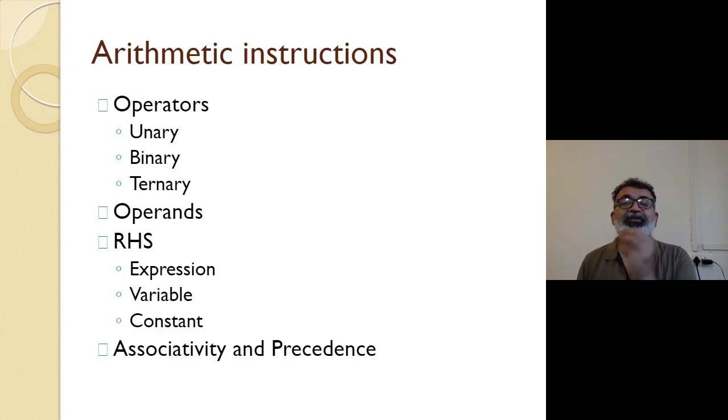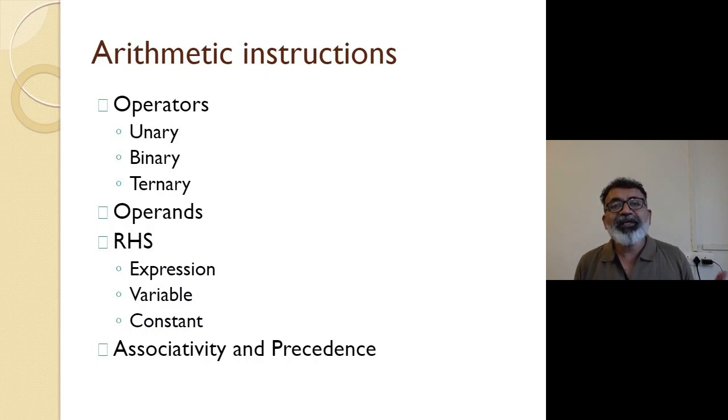When you write x is equal to 5, the best way to read this statement is "5 is assigned to x" instead of "x is equal to 5", because in a true sense that is not the equal to operator, that is an assignment operator. The equal to operator is the one used while taking decisions or comparing two values. So that is a binary operator.